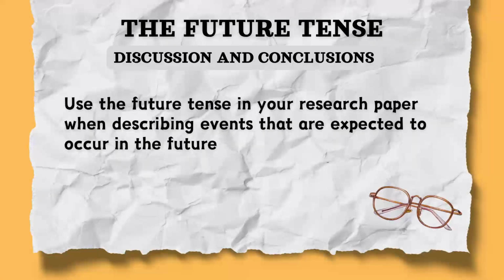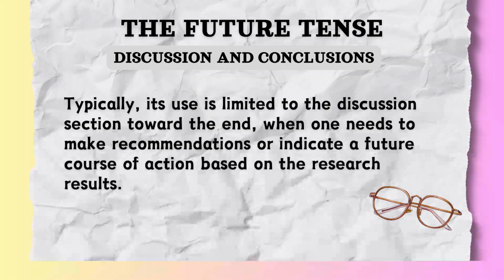We also have the future tense for the discussion and conclusions. Use the future tense in your research paper when describing events that are expected to occur in the future. This is not very common though in academic writing like research paper. Typically, its use is limited to the discussion section toward the end, when one needs to make recommendations or indicate a future course of action based on the research results.